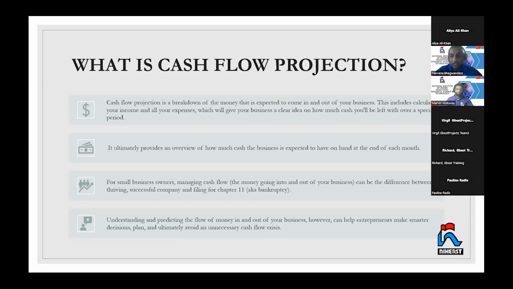Ultimately, a cash flow projection is an overview of how much cash the business is expected to have on hand at the end of every month, right? Cash flow is good for small businesses and companies to manage flow.